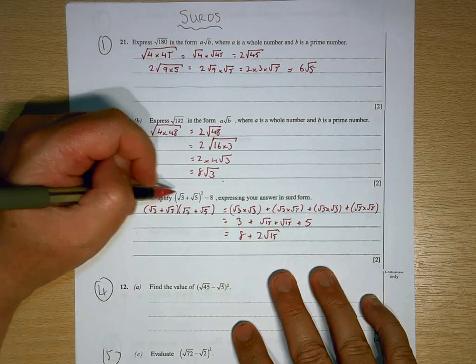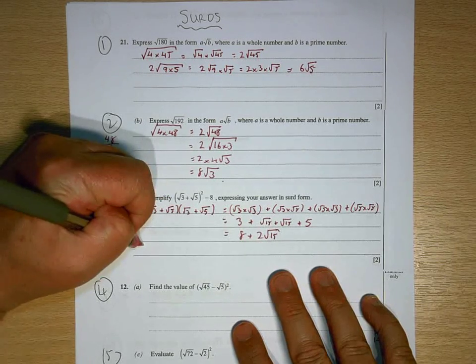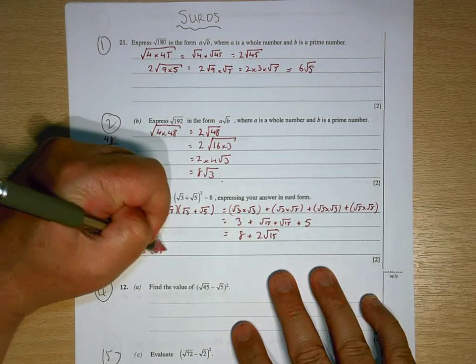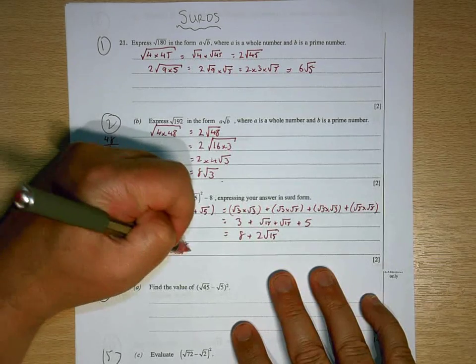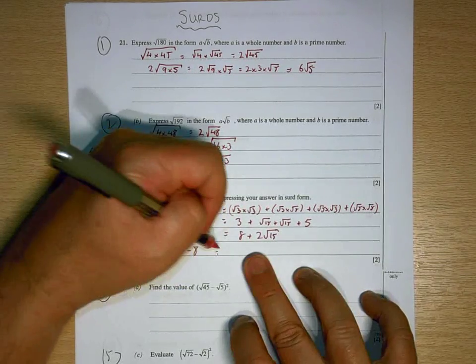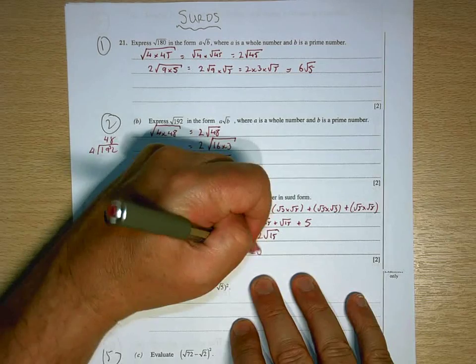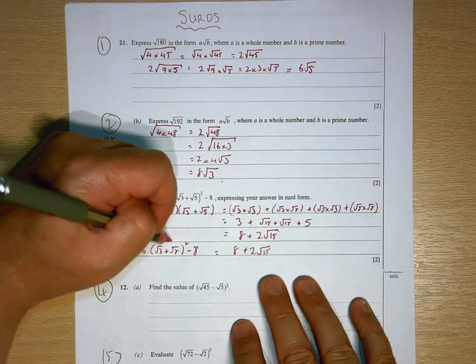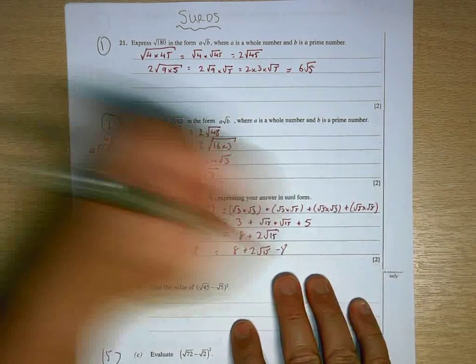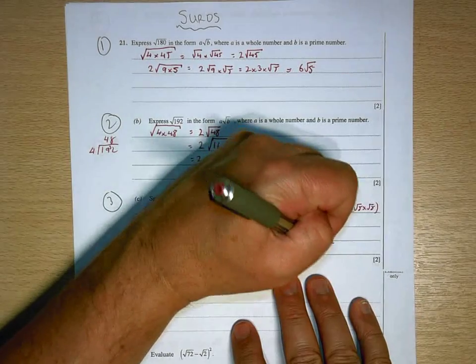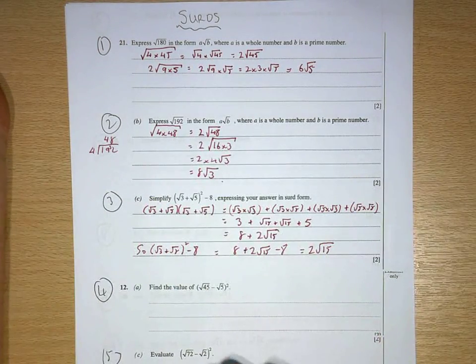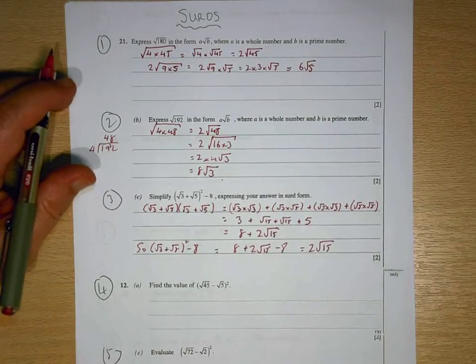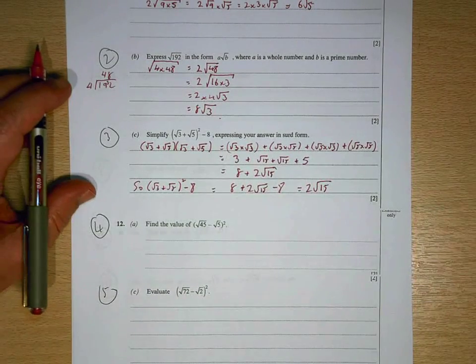So my expression is going to be that, which becomes 8 plus 2 root 15, which we get from there. Take away 8, which is 2 root 15.